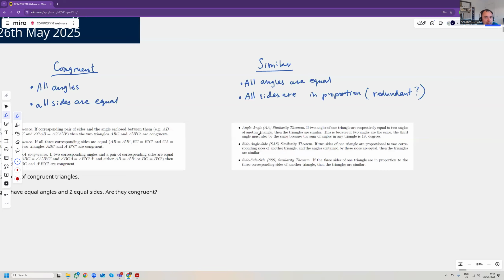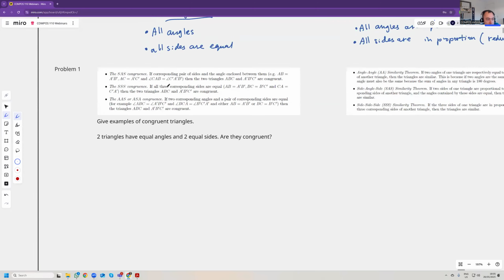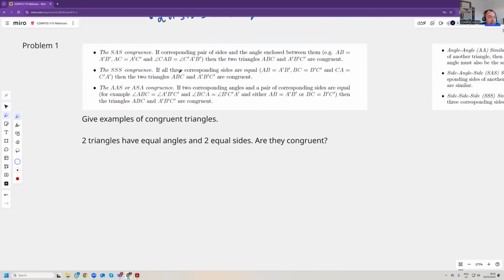Okay, so two triangles are congruent or equal if they have two equal sides and an angle between them, or if all three sides are equal. That's an obvious one: if you have a triangle and another triangle and three sides are equal, side, side, side, they're equal.